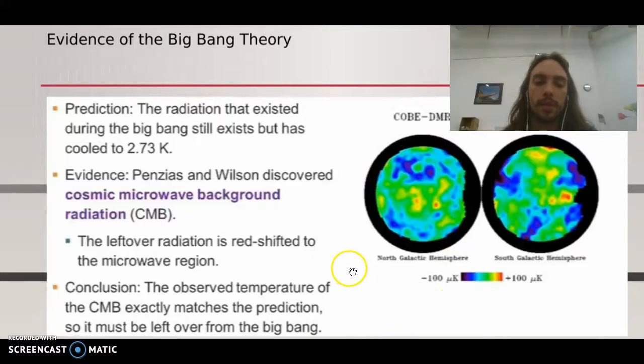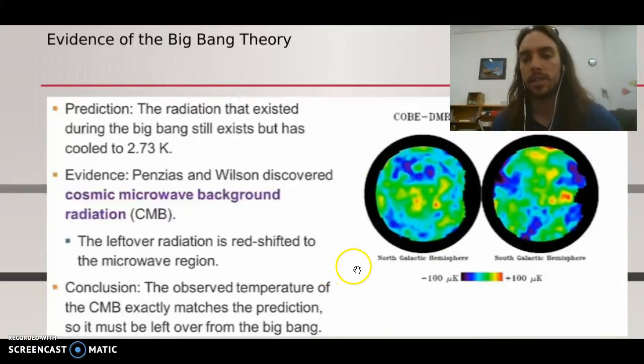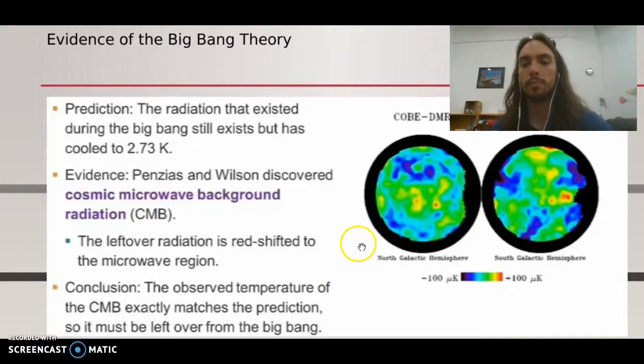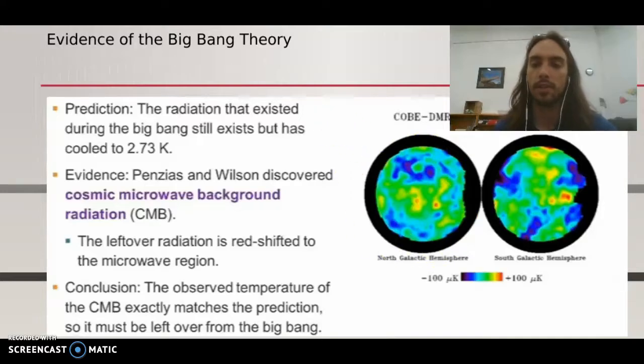So essentially what we're thinking is that this energy that we see in here, that we do not know where it came from, is from the Big Bang, and the universe is still expanding because we still see evidence of redshift and microwaves.